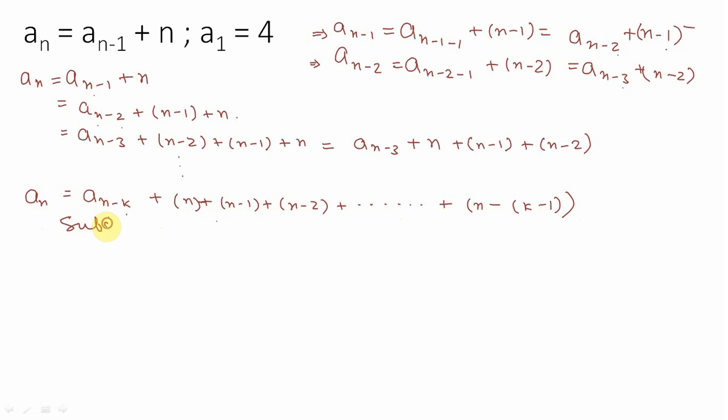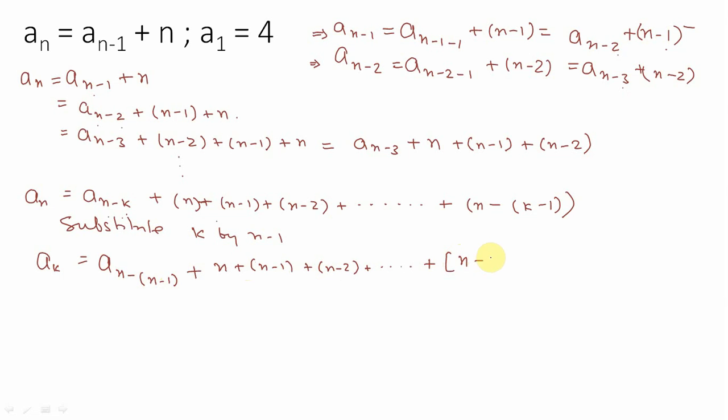Now let's substitute k by n minus 1. So I'll get a_n is equal to a_{n-(n-1)} plus (n-1) plus (n-2), and so on, plus (n-(n-1)-1).